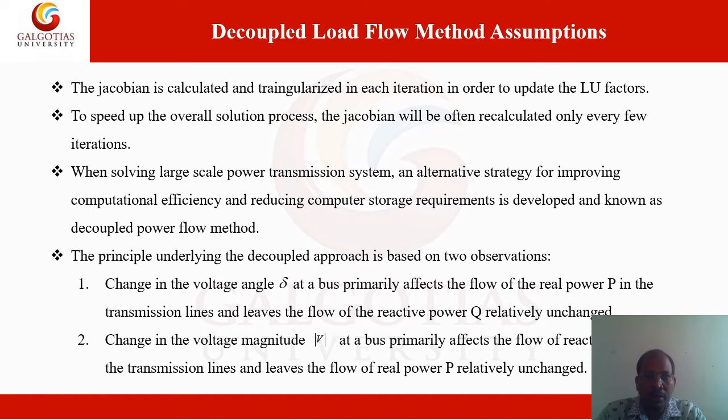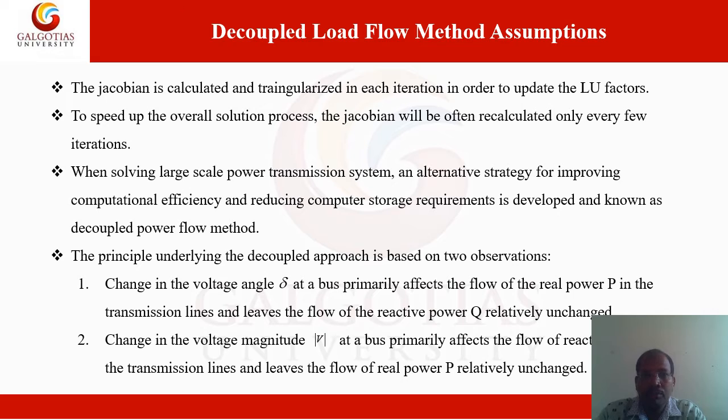So here you can see the decoupled load flow method. You know the problems of the Newton-Raphson load flow, which we already discussed, but let us discuss them again. The Jacobian is calculated and triangularized in each iteration in order to obtain the LU factors. So in each iteration we have to calculate the Jacobian matrix and the correction factors in the system.